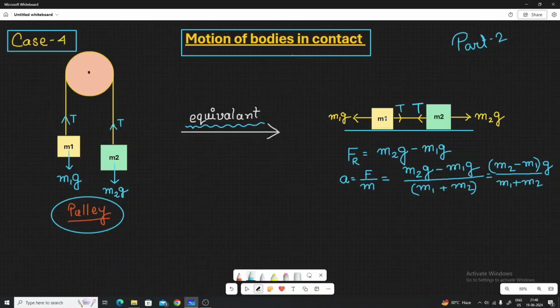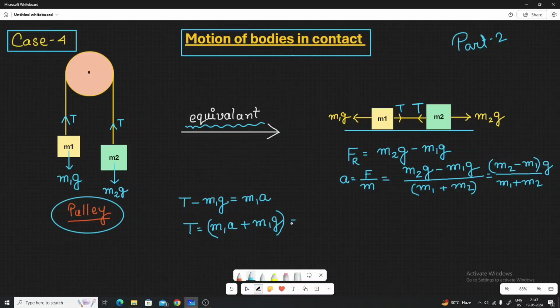When you think of only M1, what are the forces acting on this mass? Due to the forces acting on it, this mass will move with an acceleration A. So that's why you can write it like this: if the tension is T, then T is acting on the right side, minus M1G is acting on the left side, and due to this resultant force, this mass is moving with an acceleration A. That's why M1 into A. So T equals M1A plus M1G.